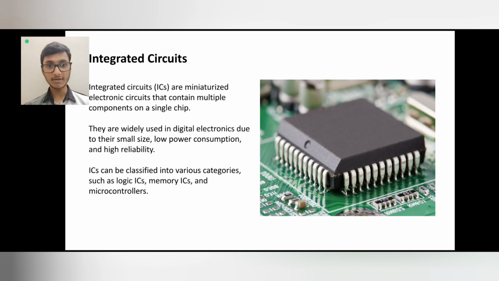So these types of ICs can be used in a breadboard to connect AND gate, NOT gate and OR gate. These ICs are widely used in digital electronics due to their small size, low power consumption and high reliability. ICs can be classified into various categories such as logic ICs, memory ICs and microcontrollers.